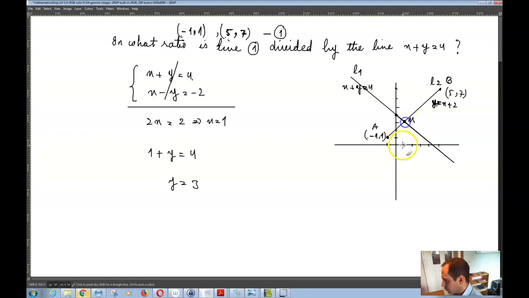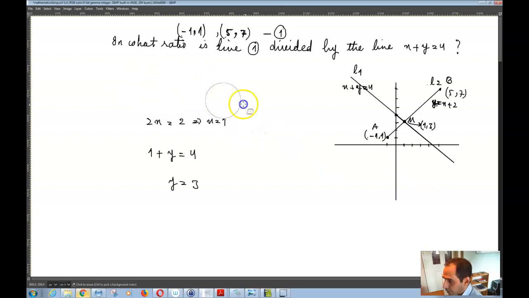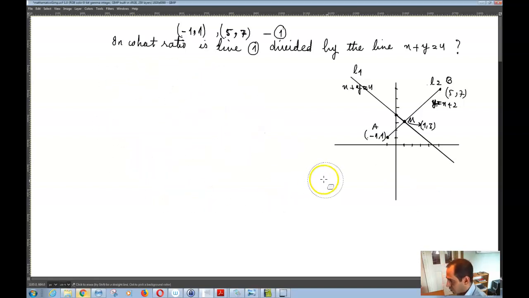So this point over here is exactly 1, comma 3. Now the distance formula: AB is equal to the square root of x2 minus x1 whole squared plus y2 minus y1 whole squared.